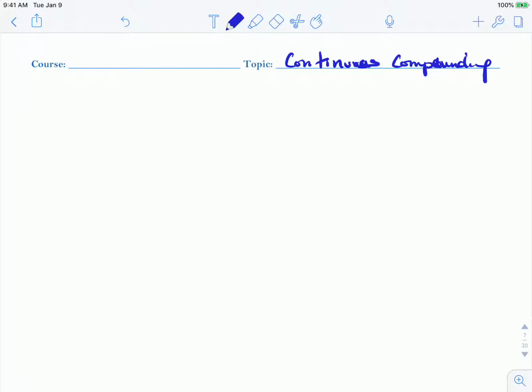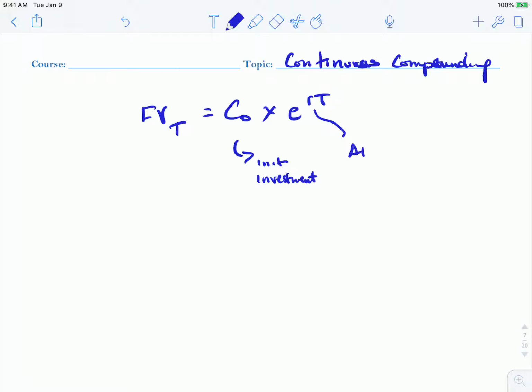In continuous compounding, the value in T years, at the end of T years, is equal to your investment today times e to the RT. So Z is the initial investment. R is the APR.